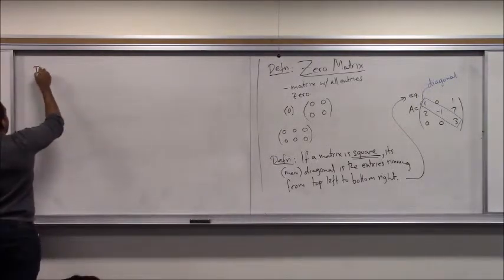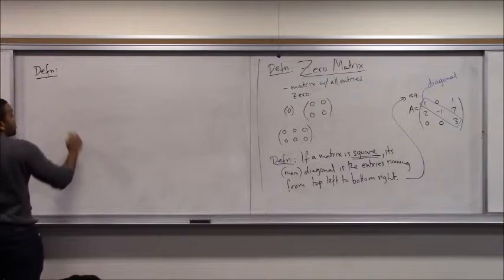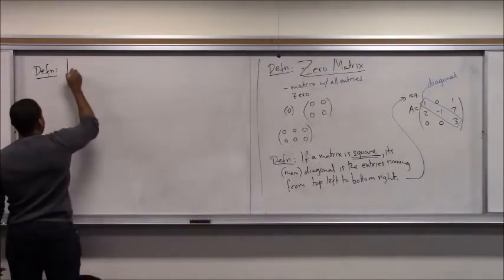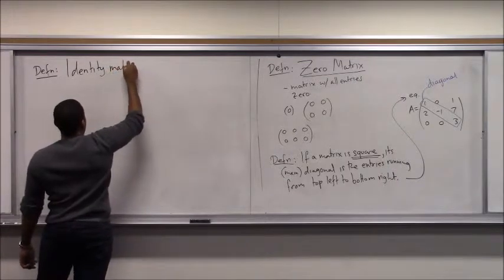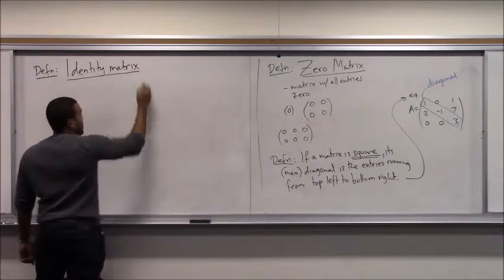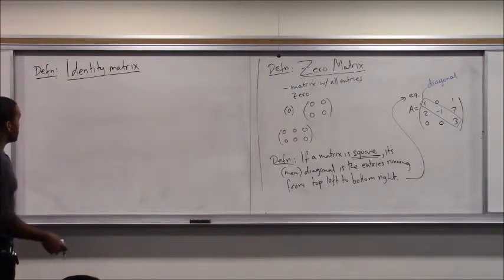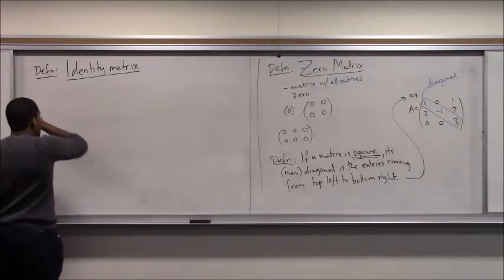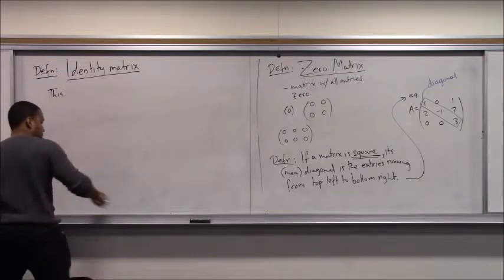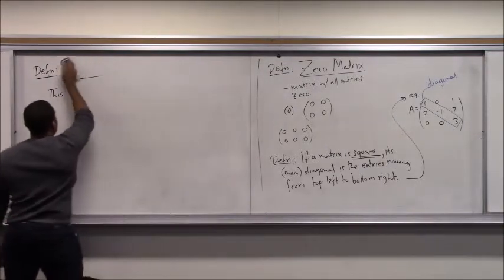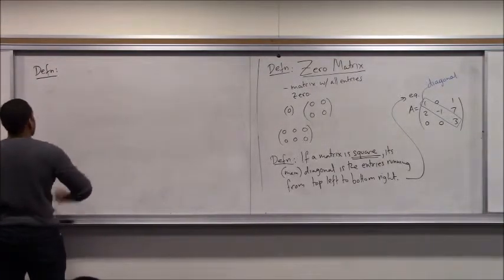Here's another definition. A very important kind of square matrix is called the identity matrix. We'll learn why it's called the identity matrix in the next section. The name isn't obvious here, but I probably have to talk about a diagonal matrix first.